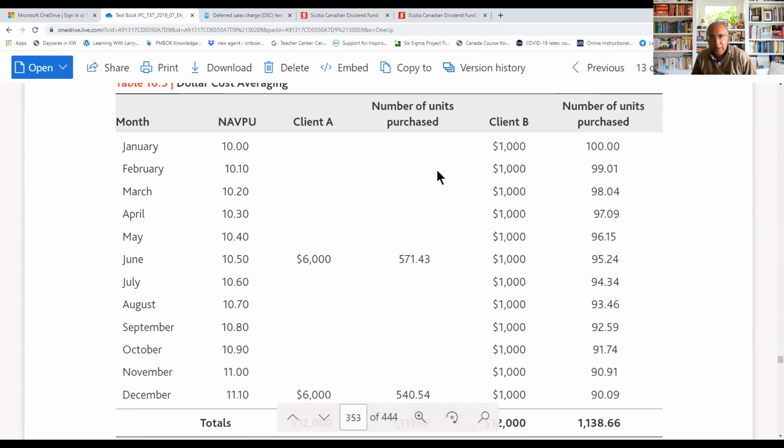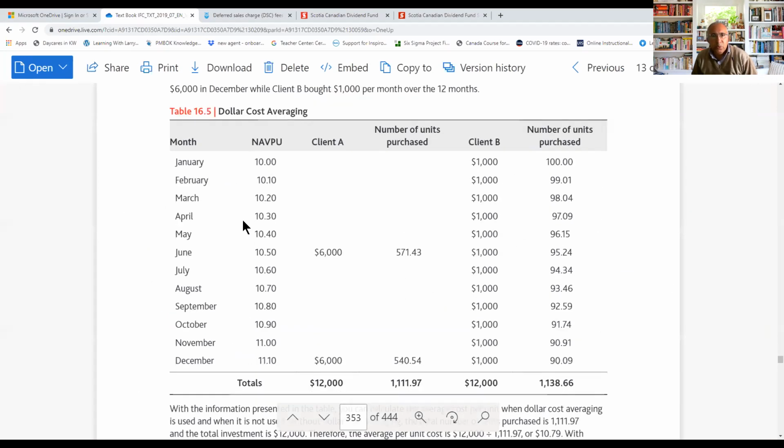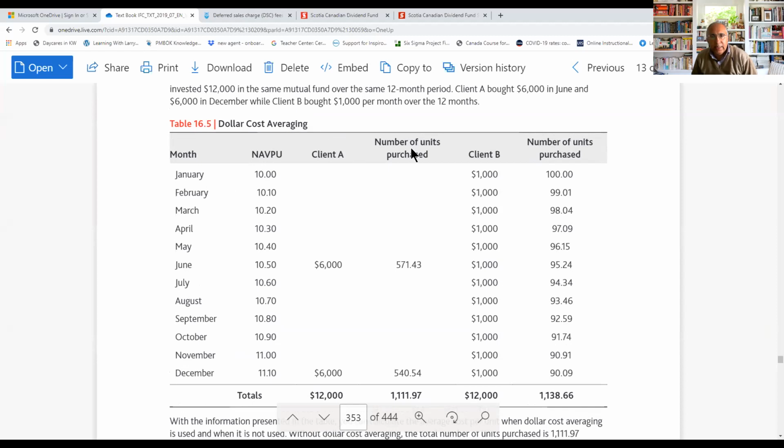What they're showing you here is that this is January to December, 1 year. There are two clients, client A and client B. Client A says, I'm going to put in 6,000 in June and 6,000 in December, 2 times. The price of the units is increasing.